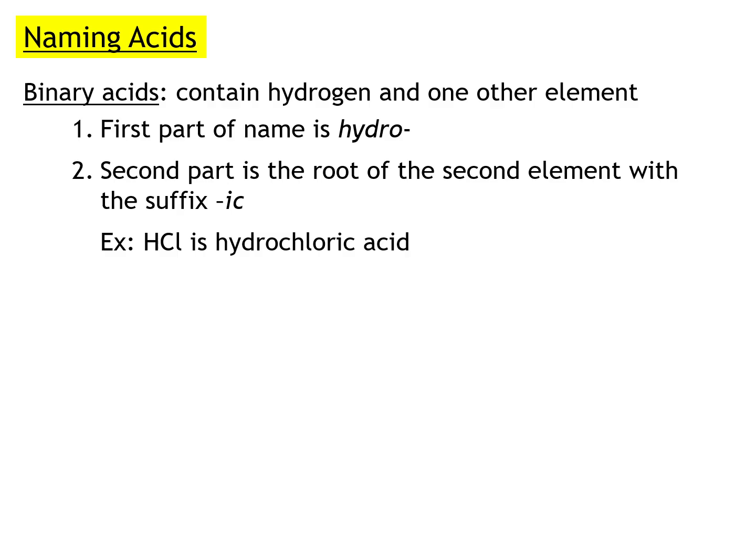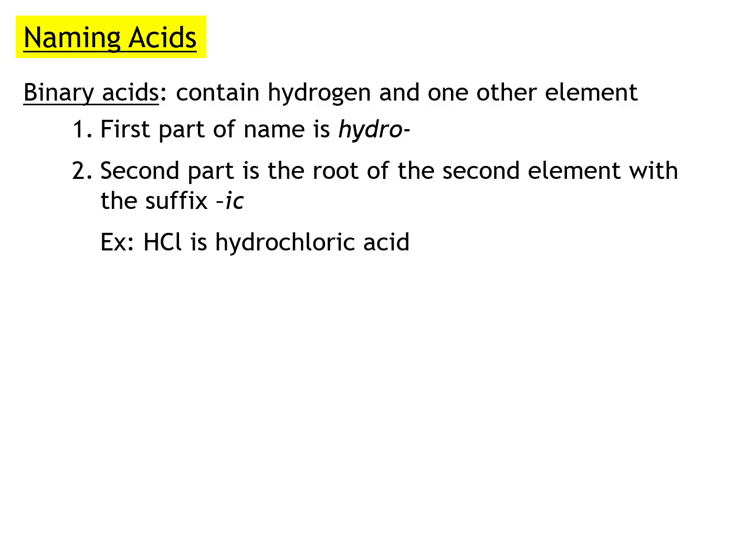So we're going to go into how to name acids. There are two different types. We have binary acids, and the other type is called an oxyacid. With binary acids, notice it has that "bi" for 2 in there, which tells you that you only have 2 elements, so 2 capital letters. If you have a binary acid, the first part of the name starts with hydro. That just tells you that there's hydrogen in it.